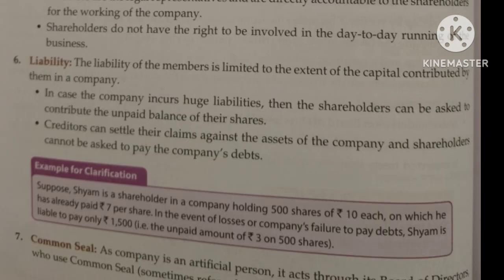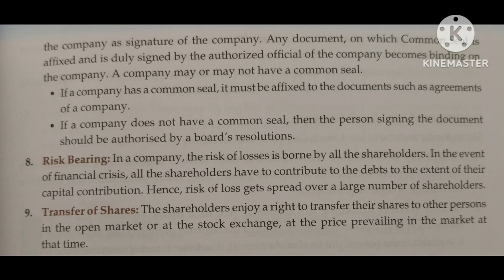Next feature is common seal. Common seal means there may be n numbers of shareholders, but the company runs under the common name, common seal. All the documents, suppose of XYZ Limited, will be done under the seal of XYZ Limited, not as any individual owner.